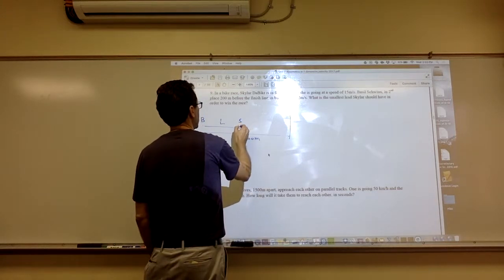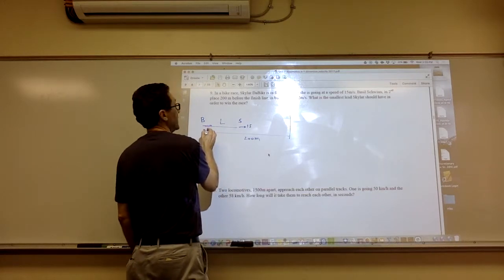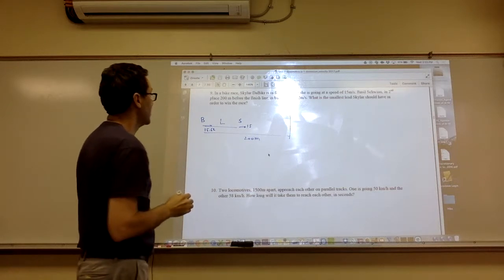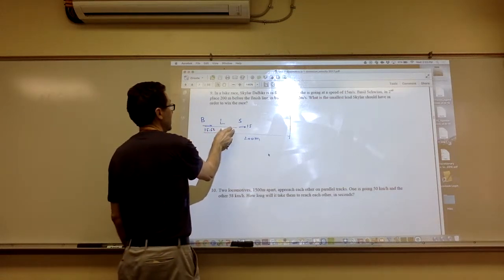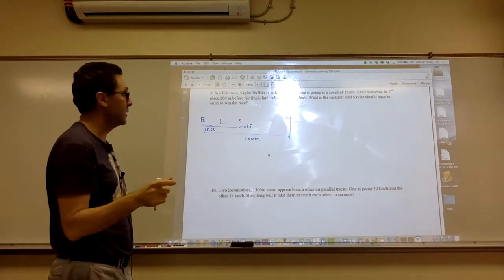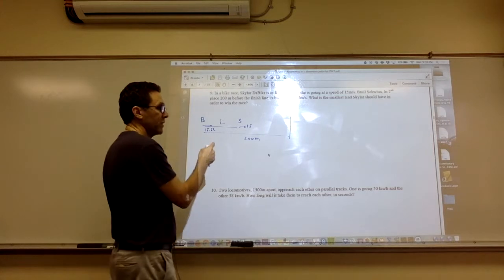She's going at 15 meters per second. He's going at 15.62. Okay? What is the smallest lead? Basically, we're trying to find this L, so that Skylar wins. So we're going to make them come to a tie, and we just have to say, well, the lead should be just a little bit more than what we find.